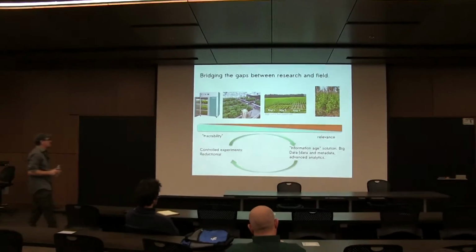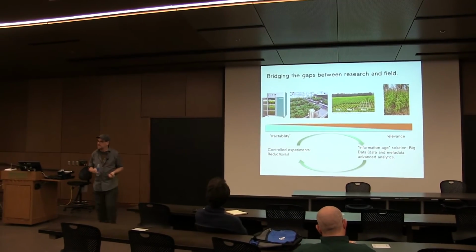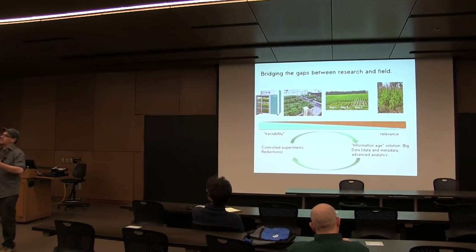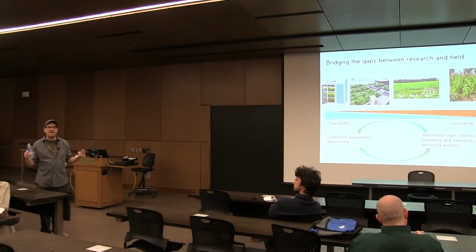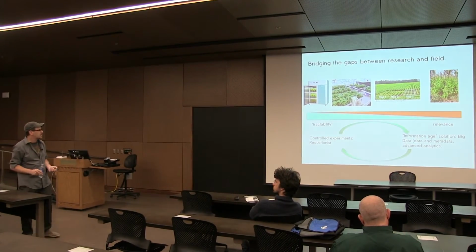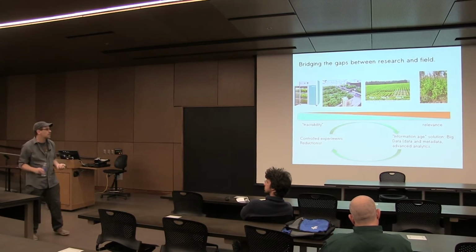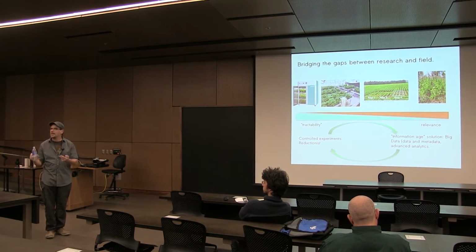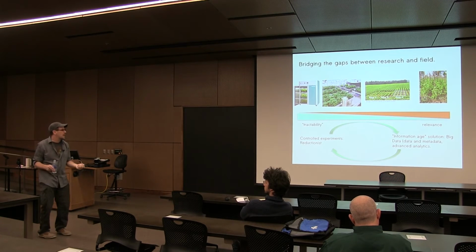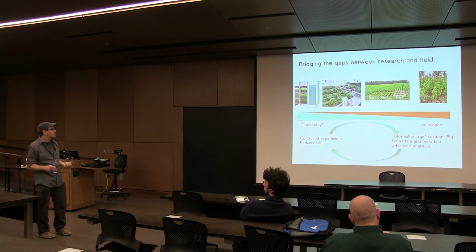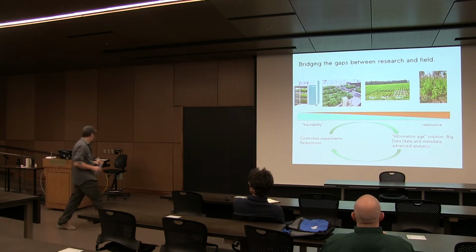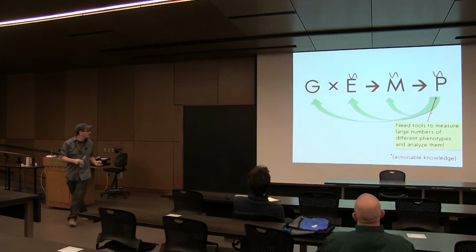In the past, this was really the best way to solve these questions. But now, with new kinds of technology that allows massive data collection, we can use an information approach or a big data approach where you collect lots and lots of data and the metadata, and then you can understand what's going on out here, take that knowledge, and reproduce it here.